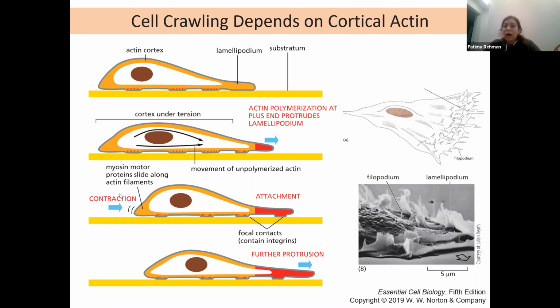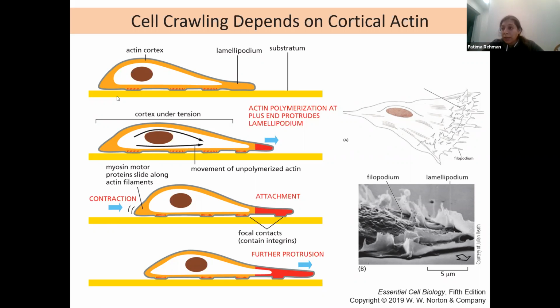All those movements are actually happening because of this actin cortex and the way these actin molecules present in that cortex are polymerizing or moving in that space.